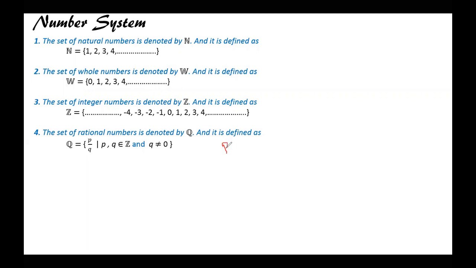whenever you write P by 1, here 1 is not equal to 0, then P belongs to this set. P can take any number from this integer set. You can take -1, 0, 1, 2, 3, 4, -4, you see. So whatever value of P you put from the integer set, ultimately this will give you the integer set.